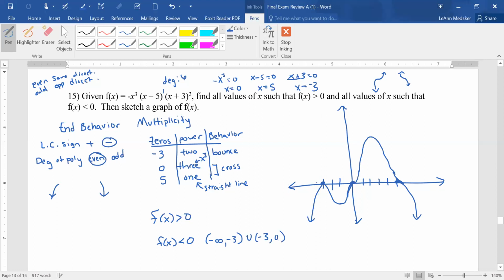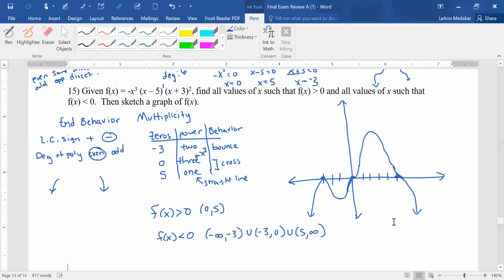And we don't include that as one interval because they did not ask us equal to 0, so we can't combine that. They said just less than 0. From 0 to 5, we are above the x-axis. Our y values are positive. And then from 5 to infinity, we are back down below. So there is my number 15.